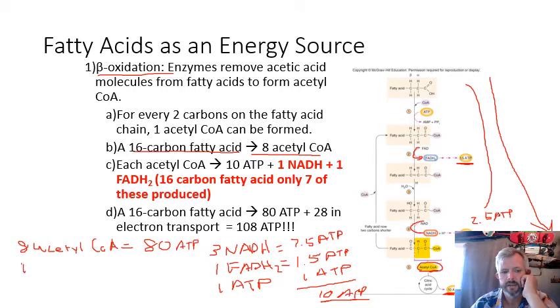Through the beta oxidation, that's the reactions here, because we're reducing these molecules, roughly we can form a total of 4 ATP here.